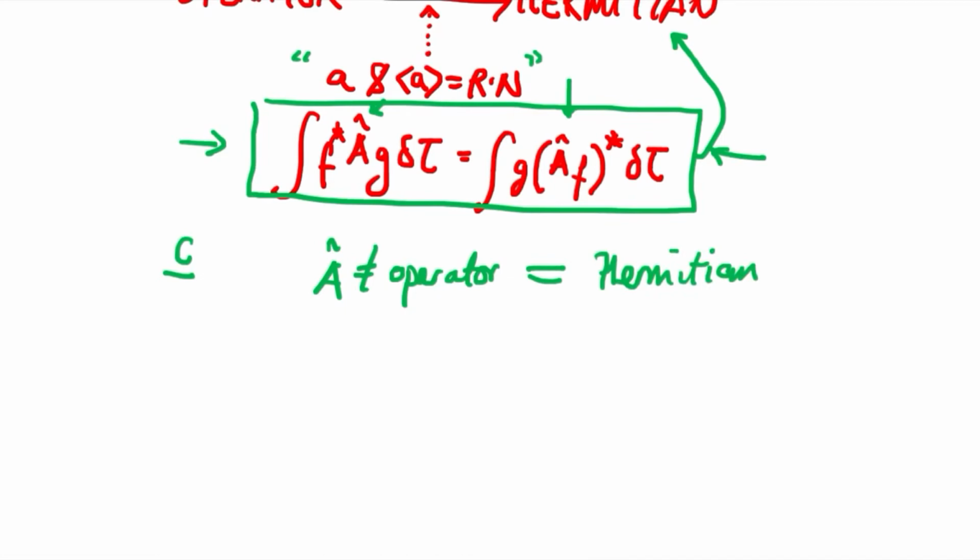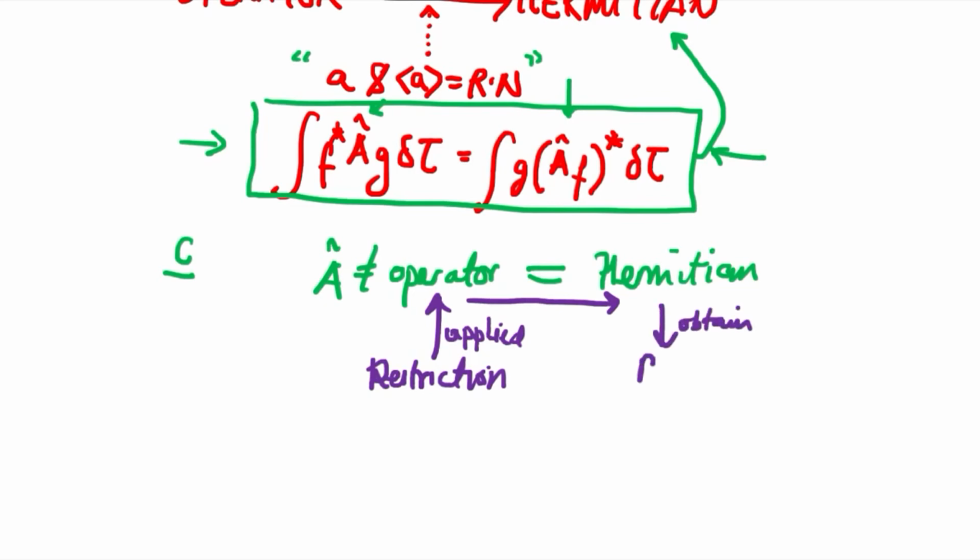These restrictions applied to the operator make it less of an operator and more of a Hermitian operator, and this will enable us to obtain real numbers for our A, which is the observable that is needed in the quantum mechanical realm of our physical quantity.